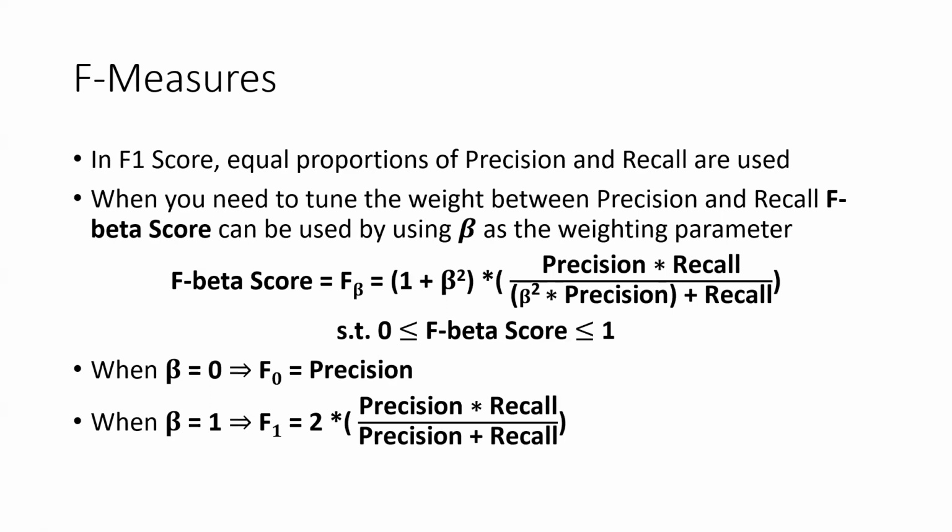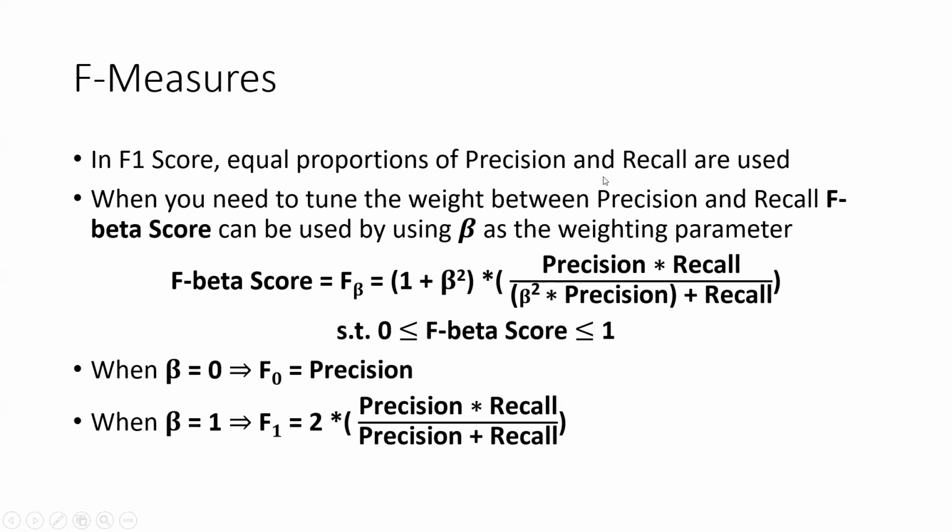But F1 is not the only measure, right? Sometimes we want to have different proportions in precision and recall, right? For example, we want a higher amount of precision and a low amount of recall, or a higher amount of recall and a low amount of precision, right?